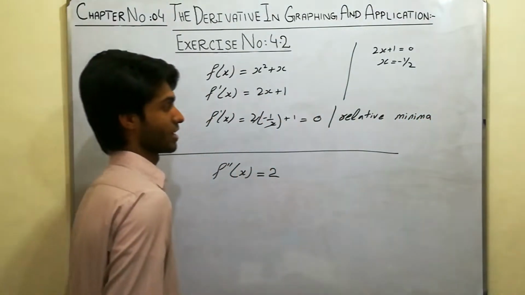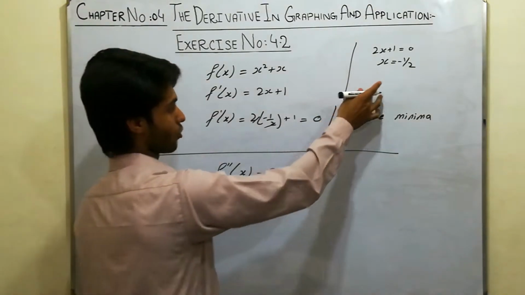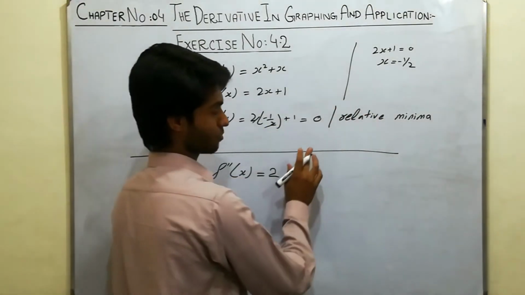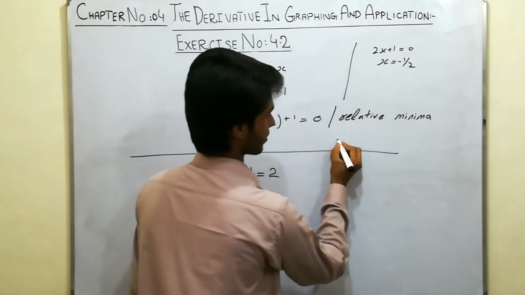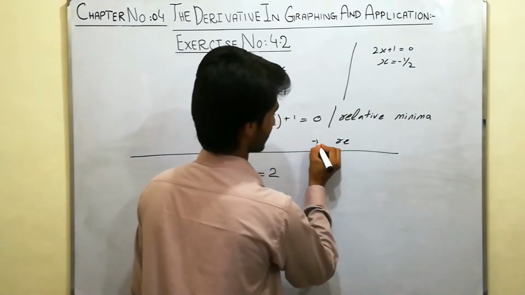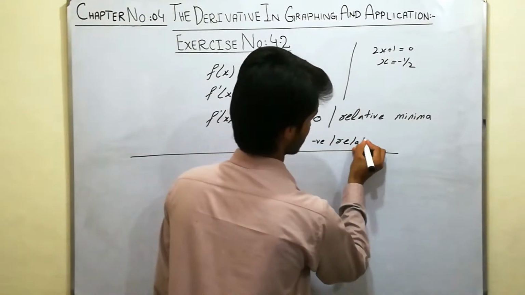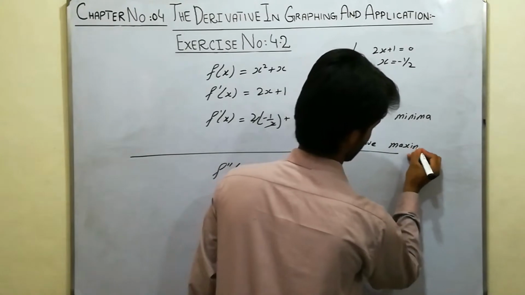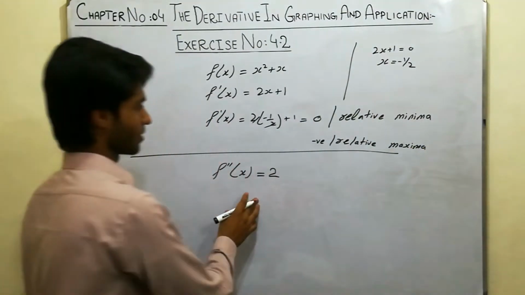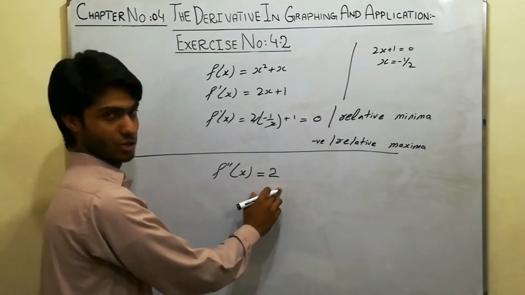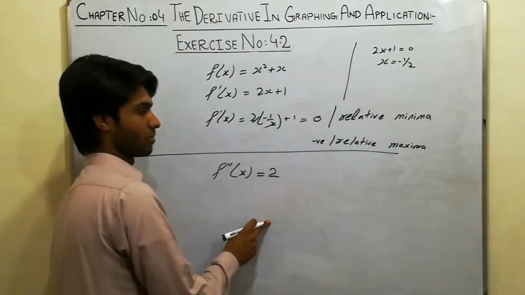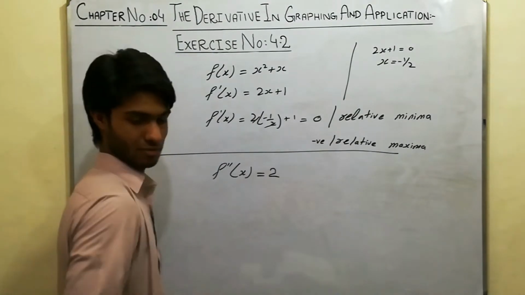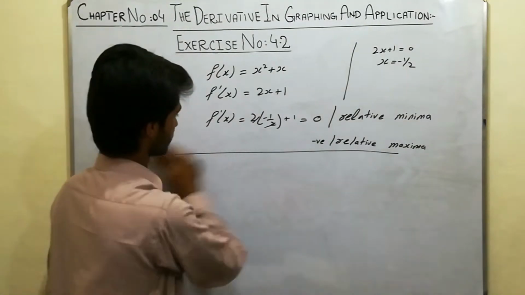And whenever we have a negative value, we have a relative maxima. In the second derivative test, we only have a constant value, so we get no relative maxima and no relative minima, because we have a constant value.